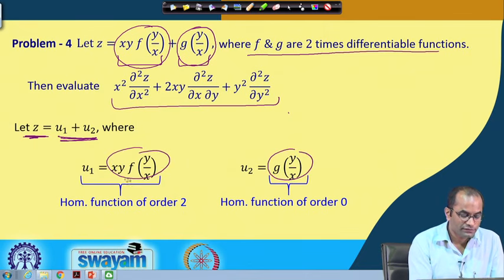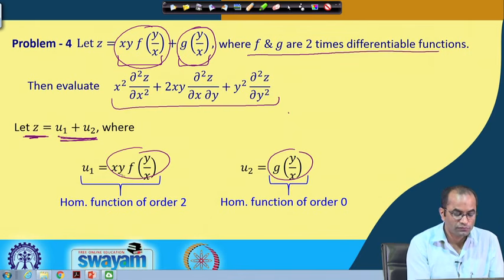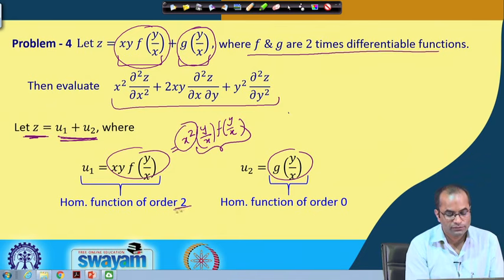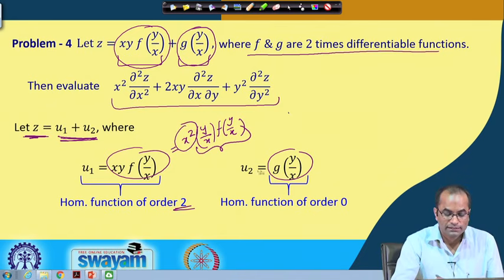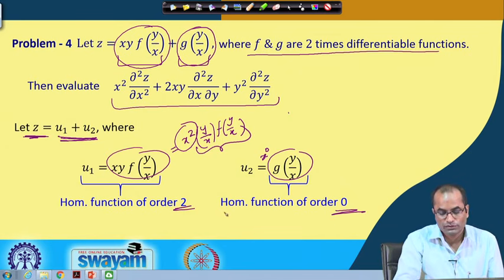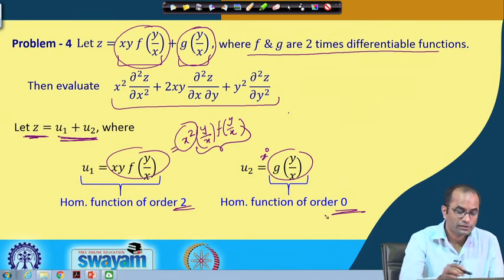So, u1 is a homogeneous function of order 2, because we can write it as x squared times a function of y over x, and therefore the order is 2. In this case g is a function of y over x and there is no term of x, so x to the power 0. So, this is a homogeneous function of order 0.